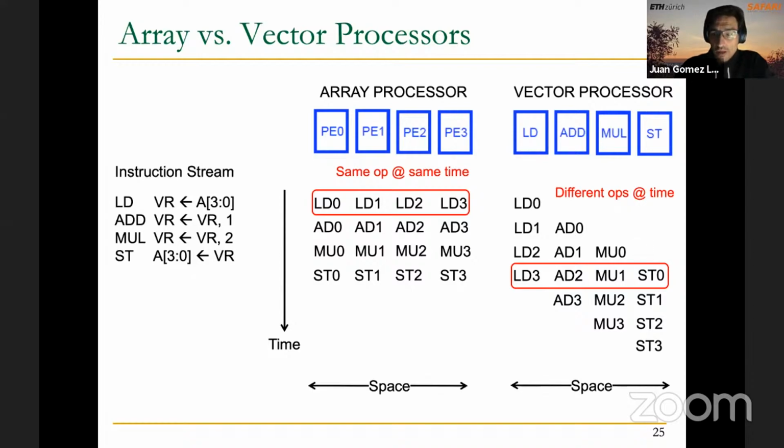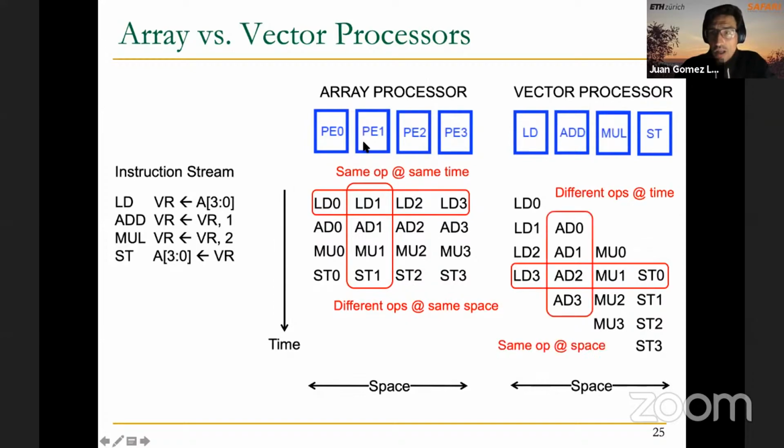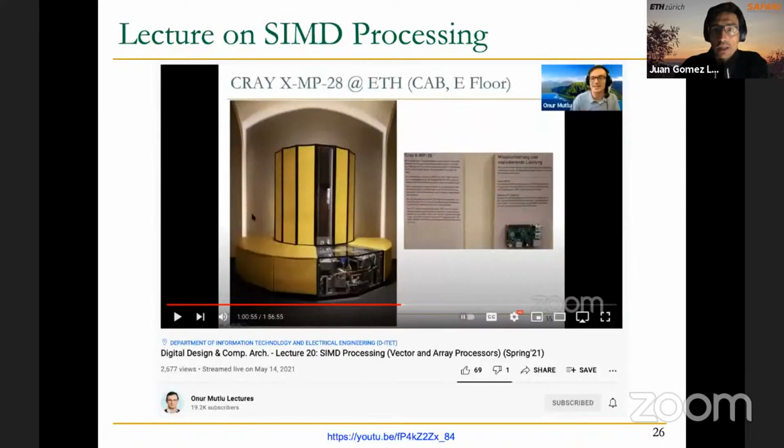And in terms of space, in the array processor, we have different operations at the same time on the same processing element, while in the vector processor, we always have the same operation in the same space, in the same processing element. So these are, let's say, 2 general versions of SIMD engines or SIMD processors, the array and the vector processor.